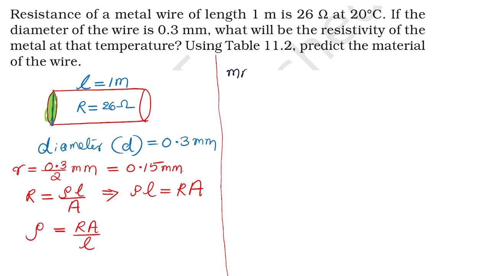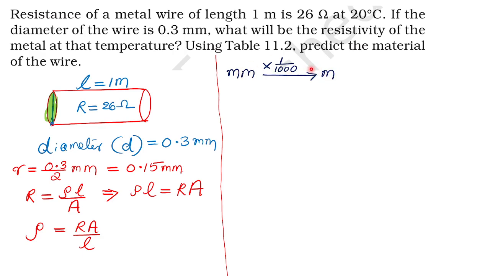If you want to convert millimeter to meter, you have to multiply with 1 by 1000. You have to memorize this, or dividing by 1000 is also true. We will never convert backward, meter to millimeter.